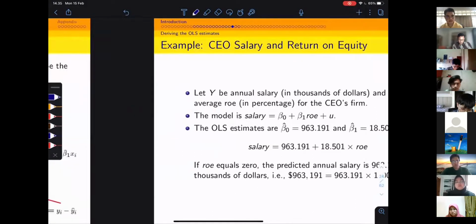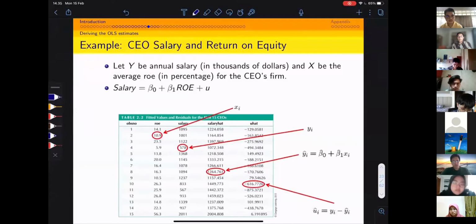I'm going to go back to this slide. Again, we have the dependent variable of interest, which is the salary variable. We also have the independent variable of interest, which is the return on equity, or ROE. If you care about financial management, these are some of the measures you've encountered in the past.